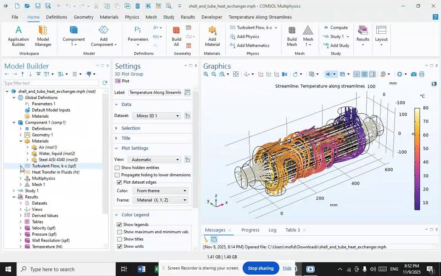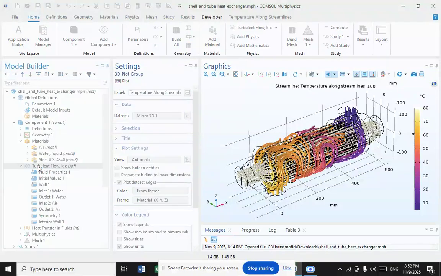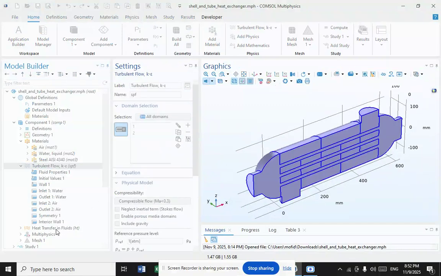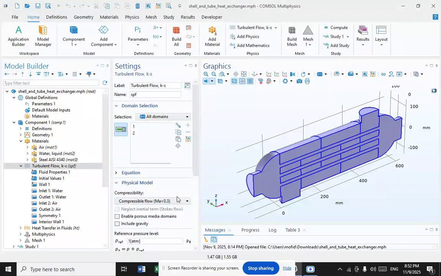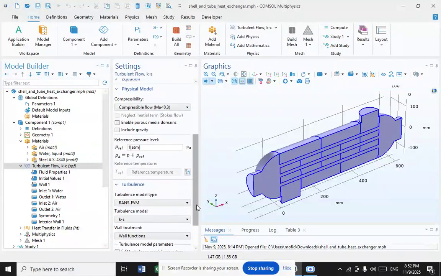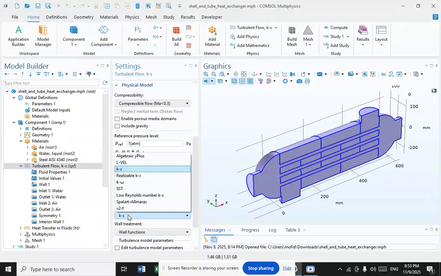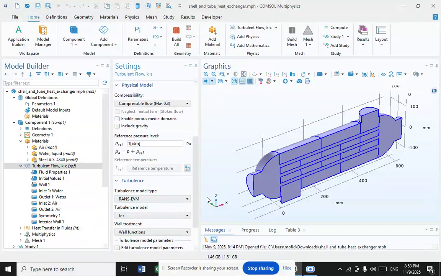And the physics module that I have used is turbulent flow with k-epsilon and heat transfer in fluids. And you can see that this is compressible, and the turbulence model is RANS with k-epsilon.